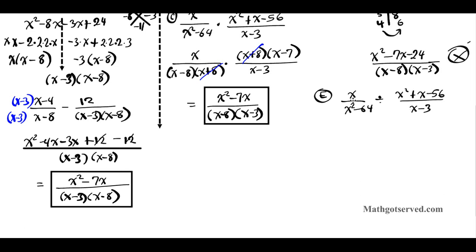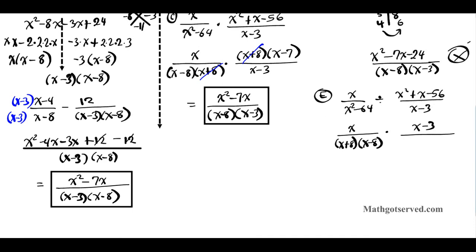Okay, so to divide, you're going to multiply the first one by the reciprocal of the second. So this is going to be x over, if we factor the denominator, x plus 8, x minus 8. Division becomes a times, reciprocate this, you have x minus 3 over.